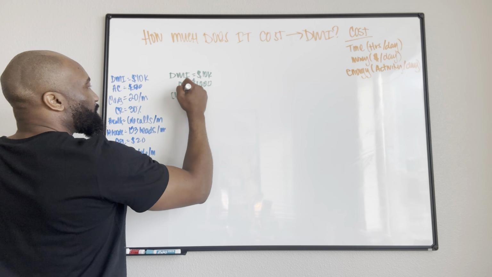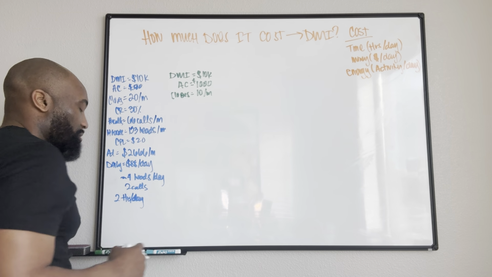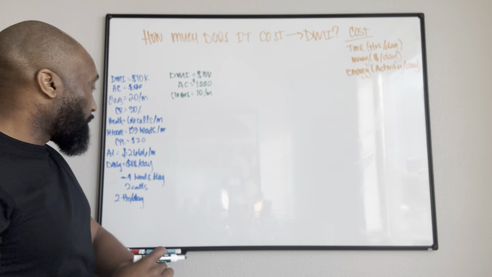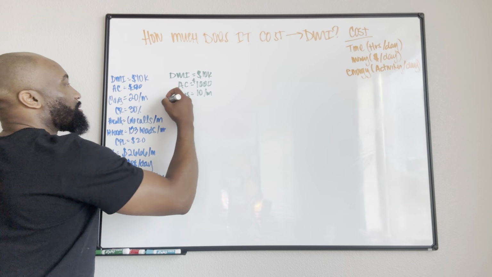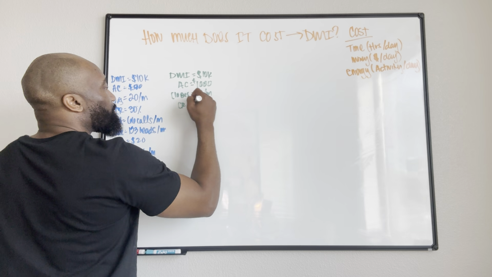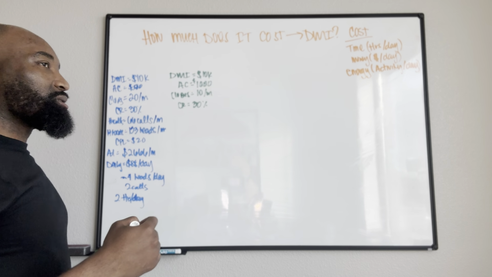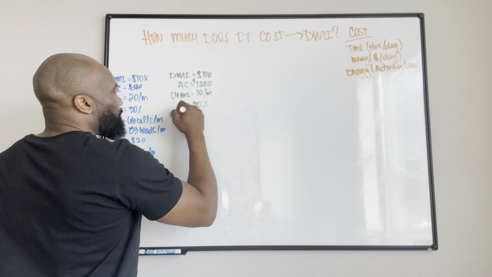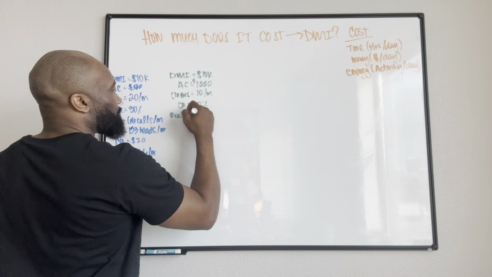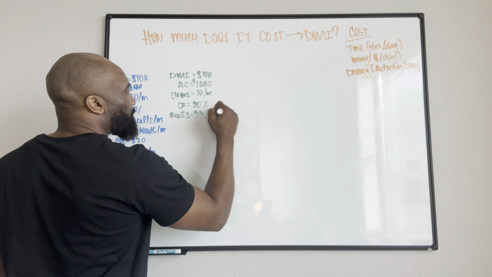So you only need 10 closes per month, right? Let's say your close rate is still the same, just to keep things straight. Let's say it's still 30%, okay? So that means you need 33 calls per month.